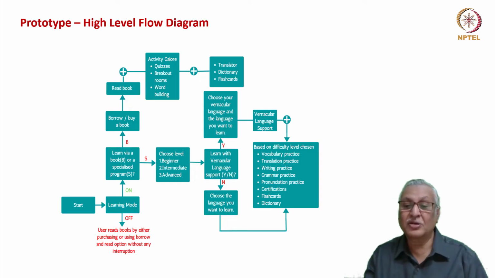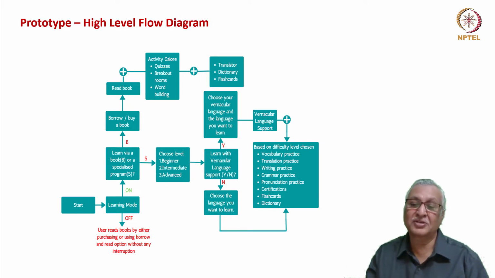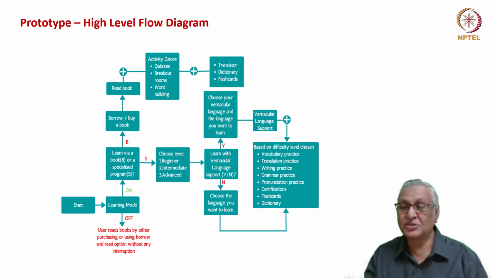And if you want vernacular language support, you choose your vernacular language, which will be based on the difficulty level chosen in terms of vocabulary practice, translation practice, writing practice, grammar, pronunciation, certifications, flashcards and dictionary.